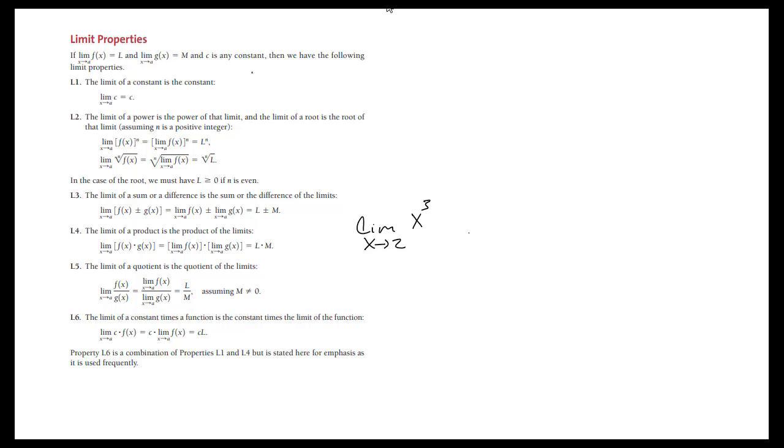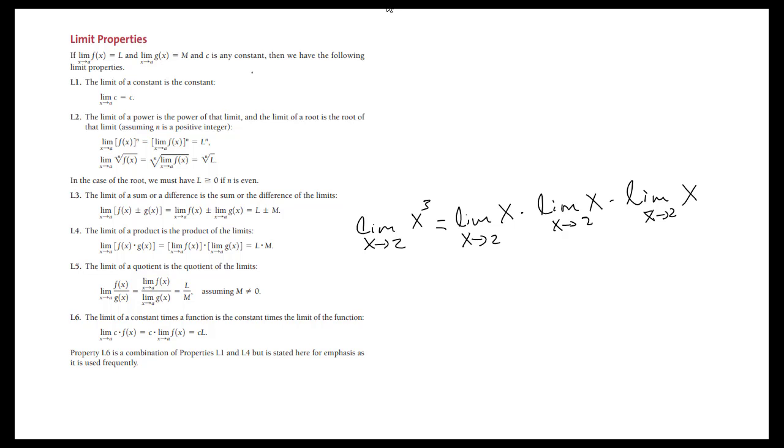Let's see, if we want to find the limit when x approaches 2 of x cubed, another way I can write this is the limit when x approaches 2 of x times the limit when x approaches 2 of x times the limit when x approaches 2 of x.